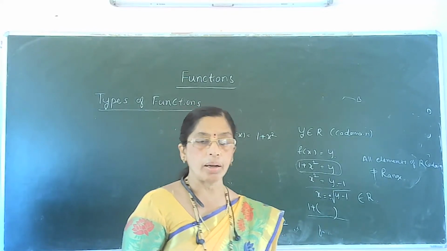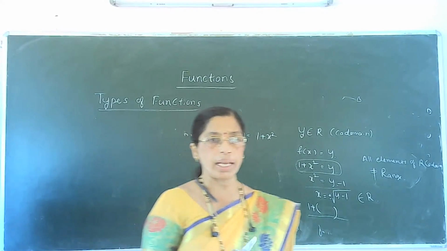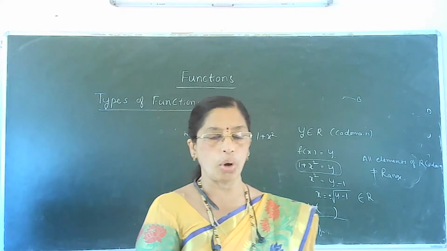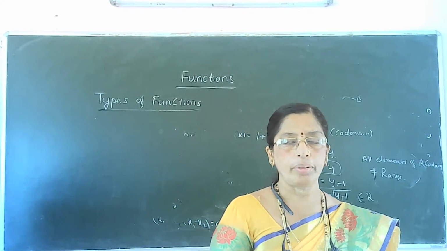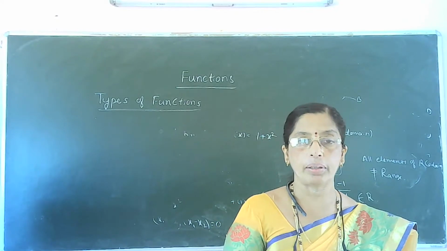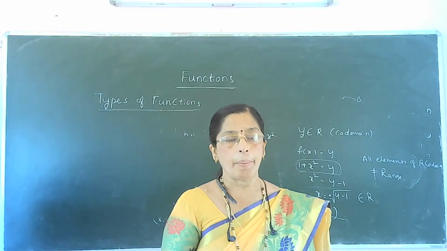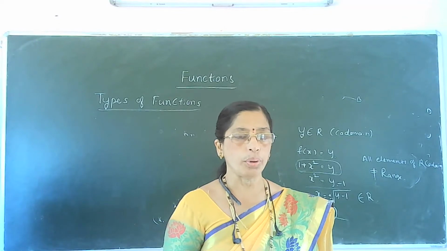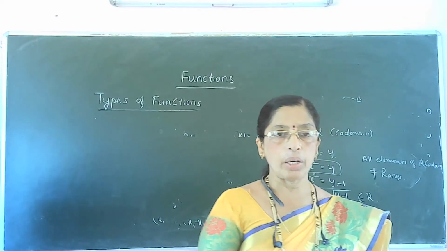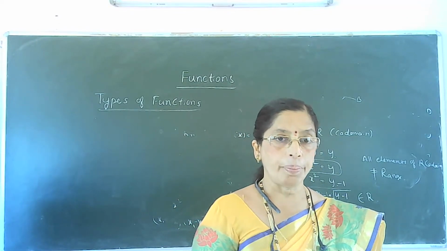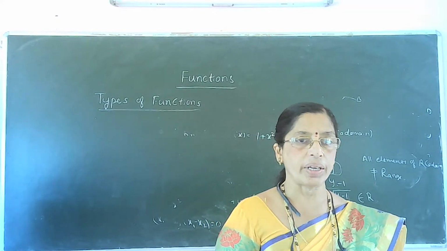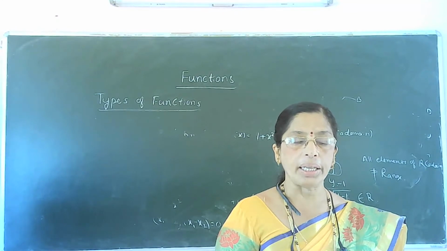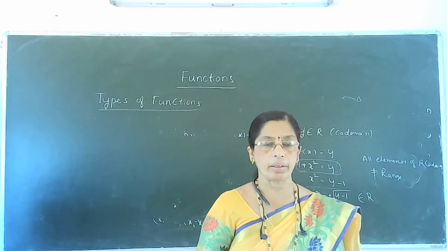For the one-one function, you take x1 and x2 belonging to the domain, which may be R or Q or a given set. If f of x1 is equal to f of x2, then put the values in the function. Then if x1 is equal to x2, only then it's a one-one function. If it's not equal, it's not a one-one function.